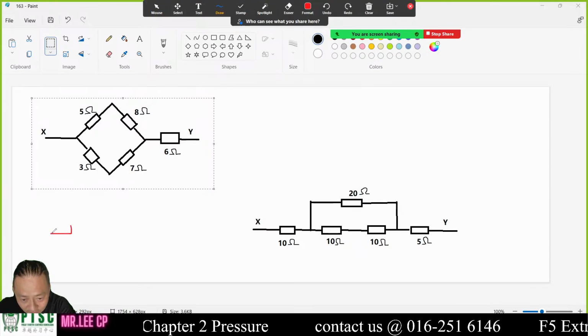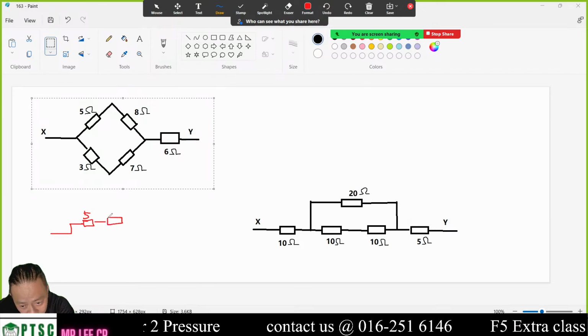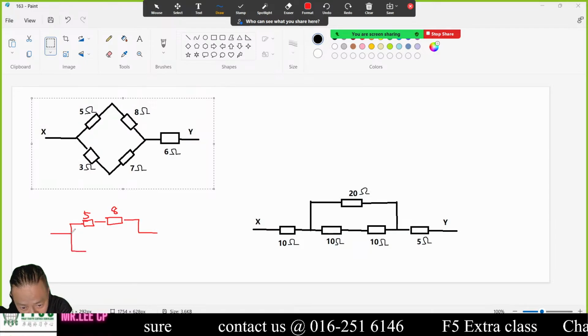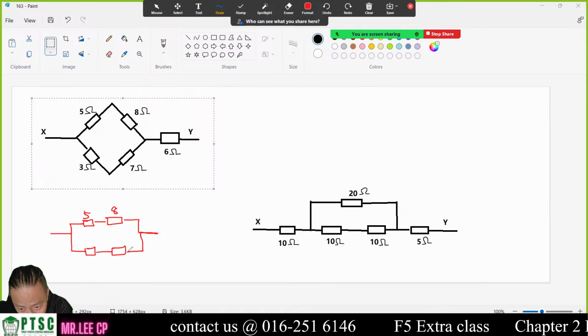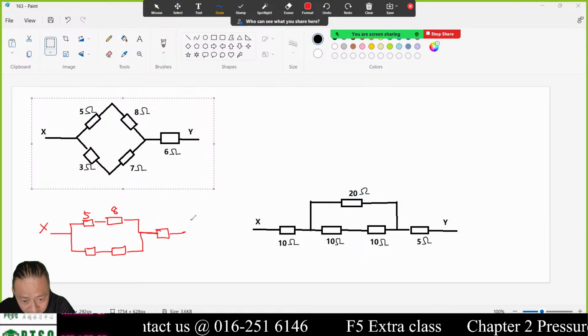Here you break into here, got 5 and here got 8. Then come to here, got 3 and here got 7. After here, you got 6. This is X, this is Y.